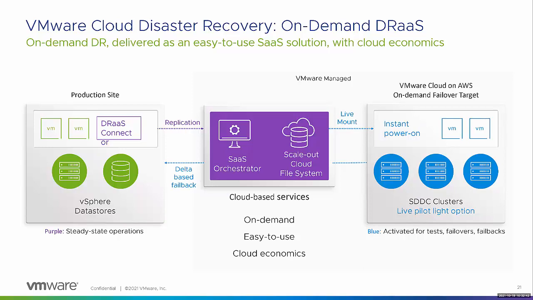You could have a small SDDC, not big enough to support the entirety of the workloads that would be failed over to it, but have that SDDC there and available so that in the event that you wanted to do a test or a failover, it's easier to scale up that environment. But that's not a requirement. The nice thing with VMware Cloud DR is you have that option for how you handle that recovery. And yeah, go ahead and next slide, Sudhir.